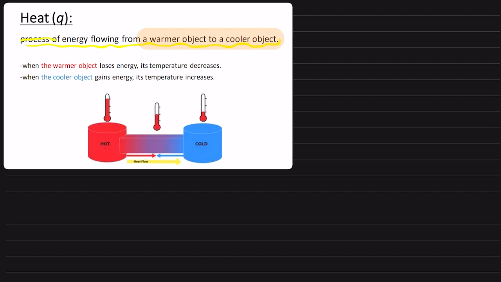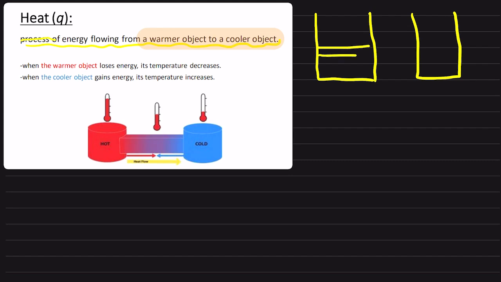For example, you have two beakers with an equal amount of water. This water is at 100 degrees Celsius.